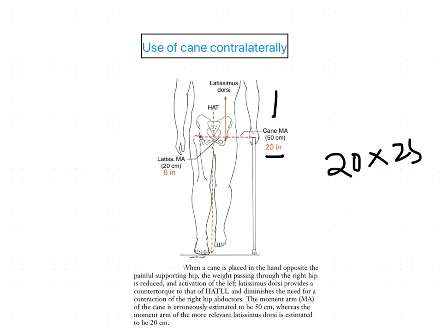This is the classic description of forces using a cane on the side opposite a hip joint disability, as presented in a number of studies. However, some of them we are going to discuss. The question raised in this case is how the downward thrust of the arm on the cane actually acts on the pelvis.